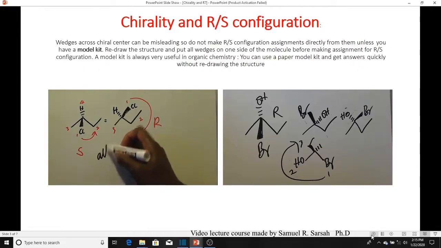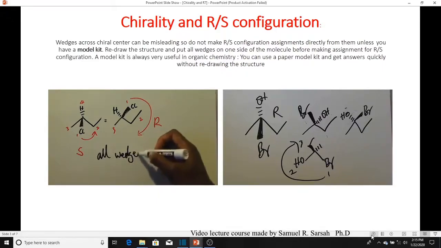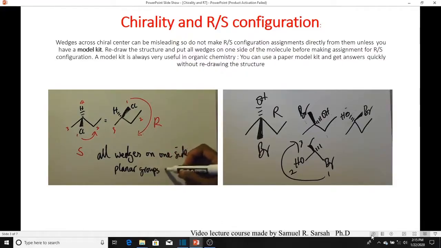So all the wedges on one side, planar groups on one side.